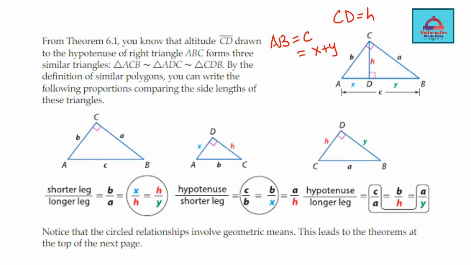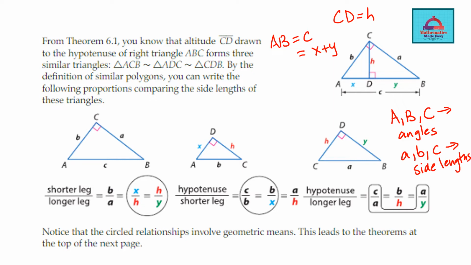Then you have the other two sides of this right triangle denoted by small a and small b. So just remember capital A, capital B and capital C is the notation for the angles of the triangle, and small a, small b and small c is the notation for the side lengths.